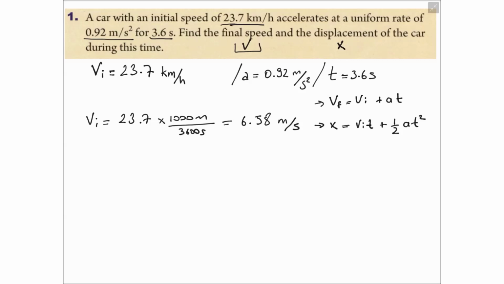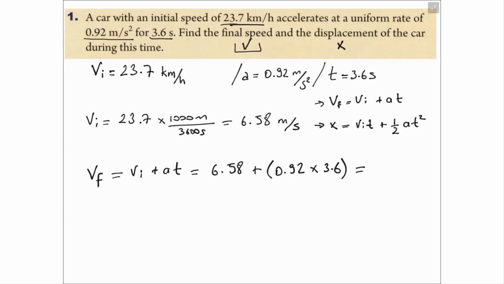So for the v final formula, v final equal v initial plus a multiplied by the time, and initial velocity is 6.58 meter per second plus acceleration is 0.92 multiplied by the time, which is 3.6.